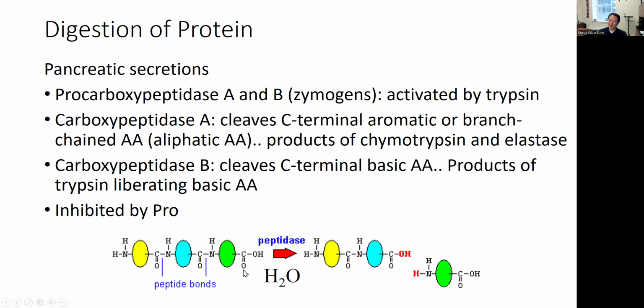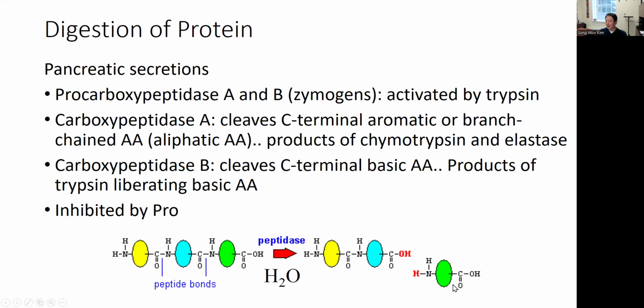So this small peptide is created. And then the carboxypeptidase B will come and cut the peptide bond on the amino side of basic amino acid. Okay? So causing the release of this lysine from this peptide.